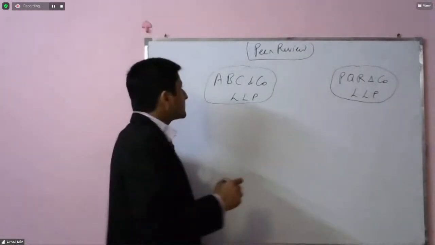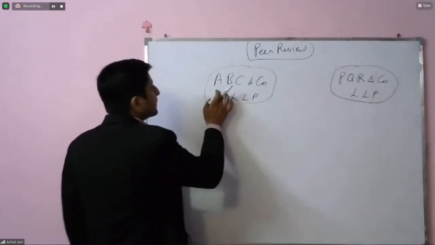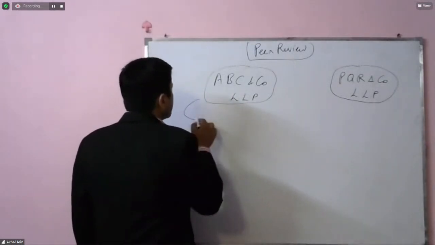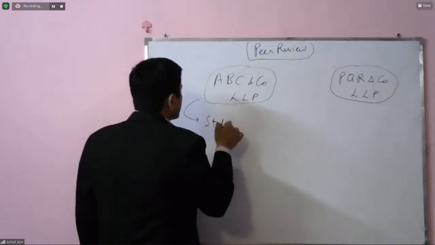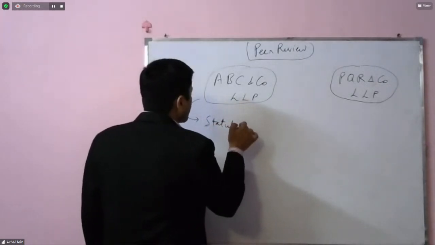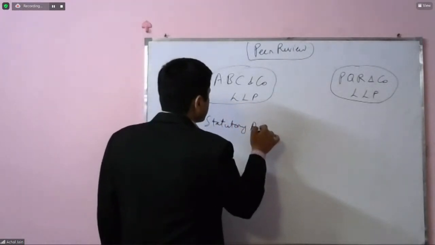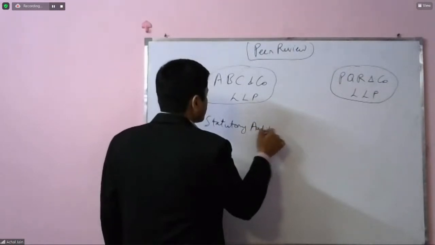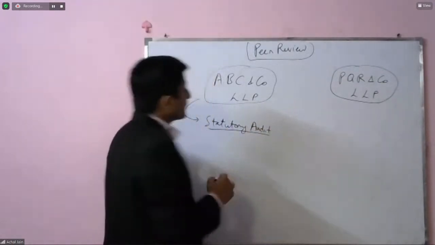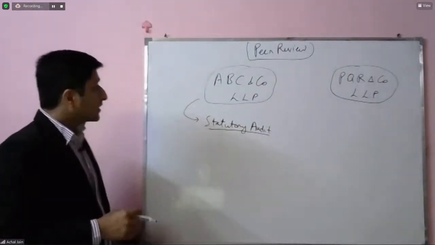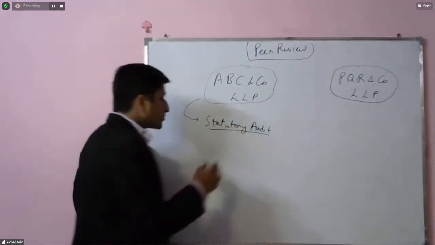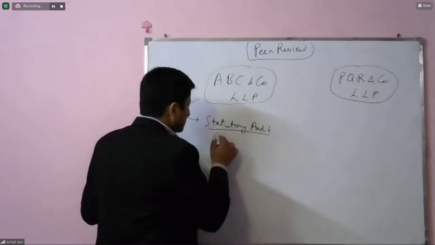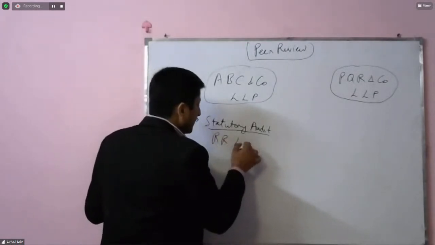Peer review means if this firm would have audited certain companies. Let's suppose this firm has done statutory audit of RR Limited.